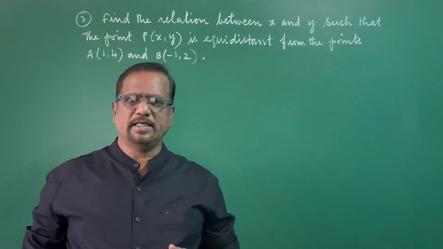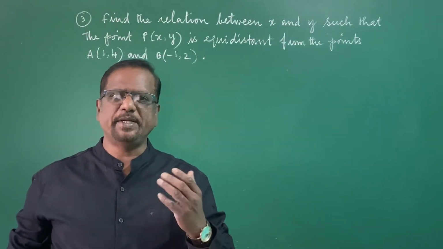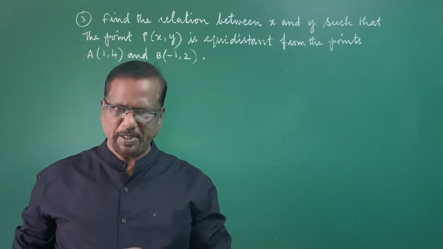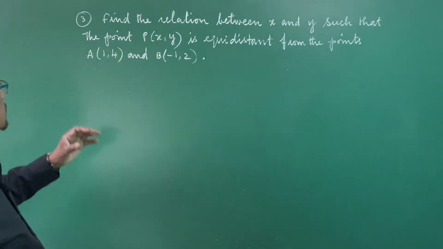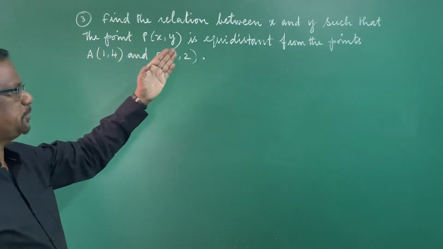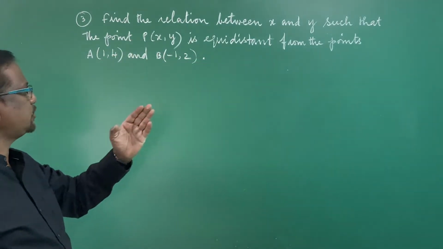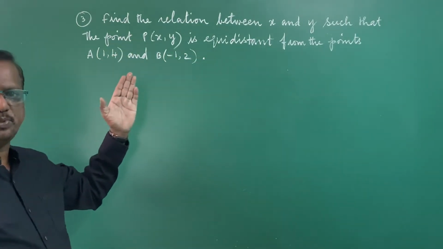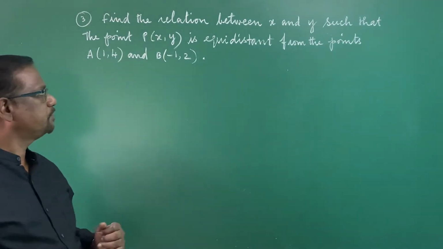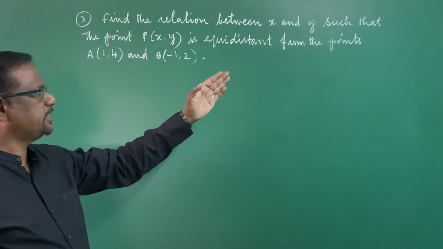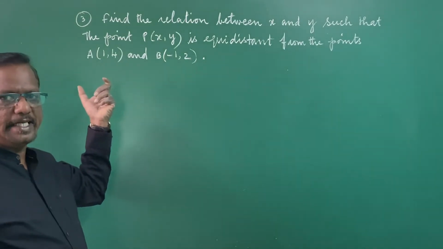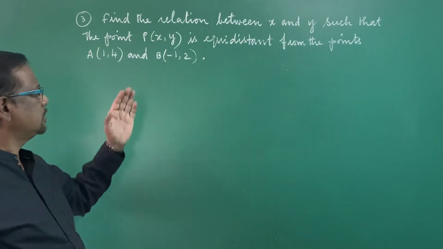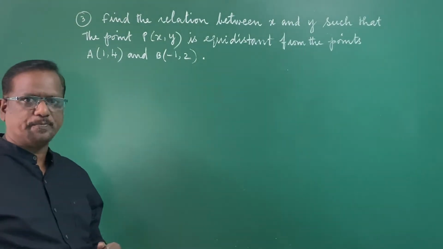Now let us see another type of sum which makes use of the distance formula. Find the relation between x and y such that the point P (x, y) is equidistant from the points A (1, 4) and B (minus 1, 2).